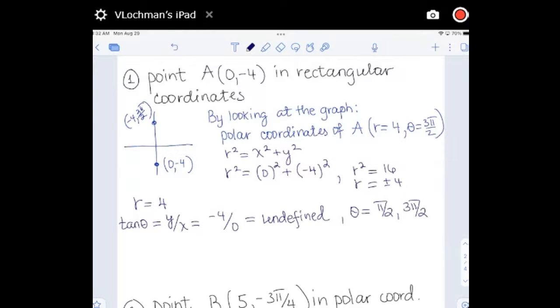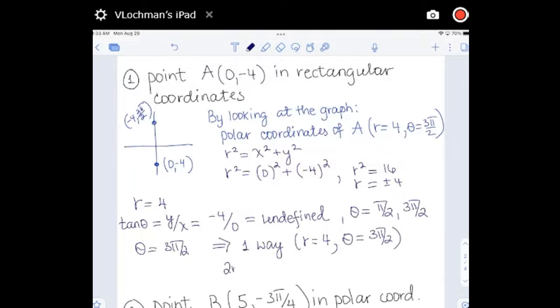Which one do I pick? Well, it depends which r you picked. If r is positive, then we get the angle of 3 pi over 2. Since x is equal to 0 and y is equal to negative 4, we pick theta equal to 3 pi over 2. So one way to write our point would be r is equal to 4, theta is equal to 3 pi over 2.